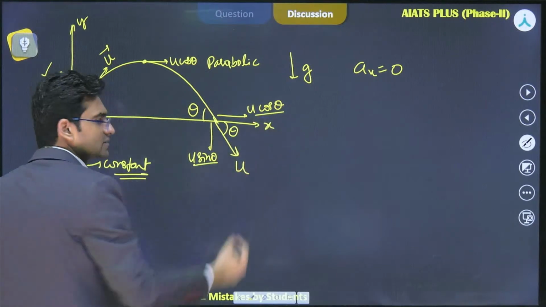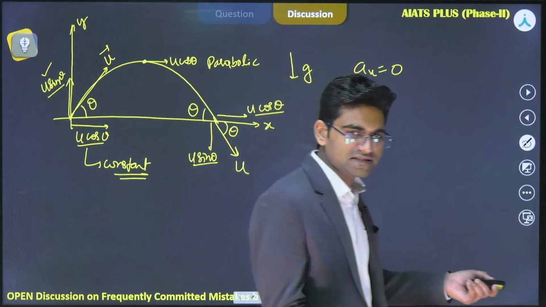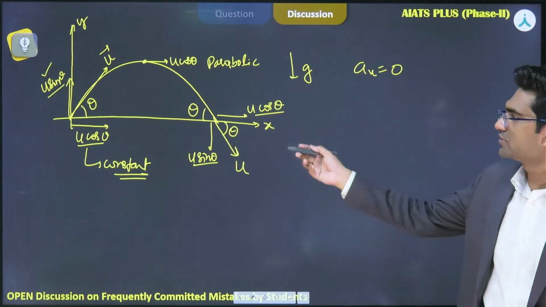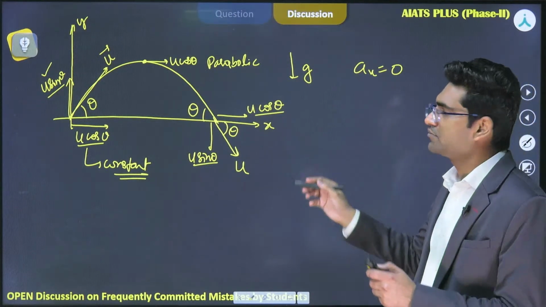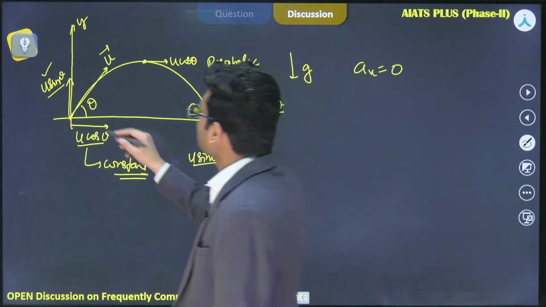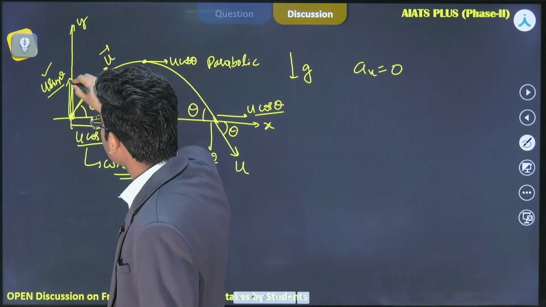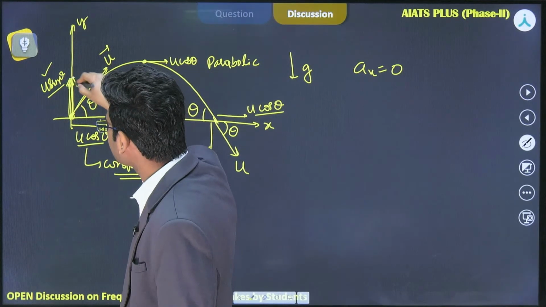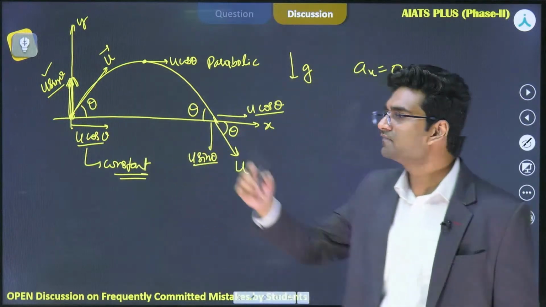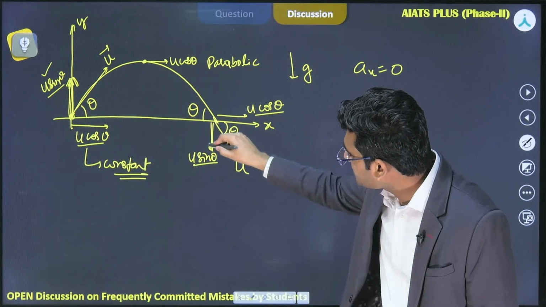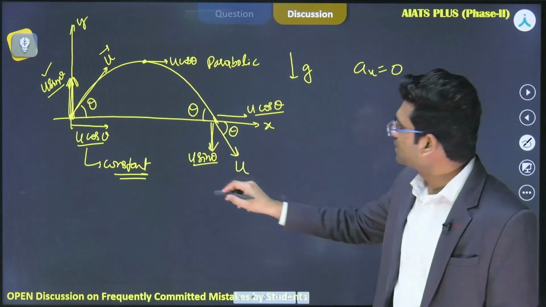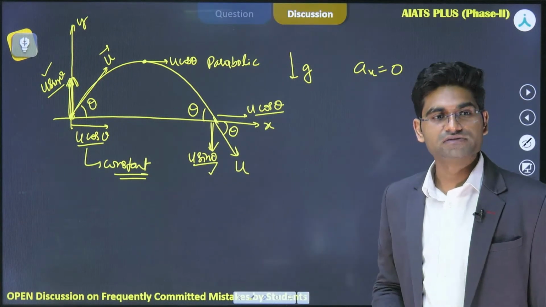Can you notice that u cos theta remains exactly the same everywhere? So the horizontal component is constant, but the vertical component is changing continuously. And since the initial velocity in the vertical direction was in the positive direction, the final velocity in the y direction is in the negative direction, but the magnitude is exactly the same, that is u sin theta.